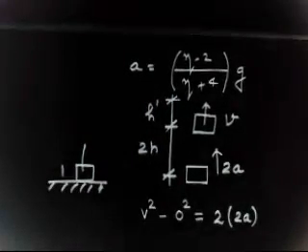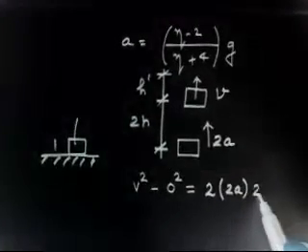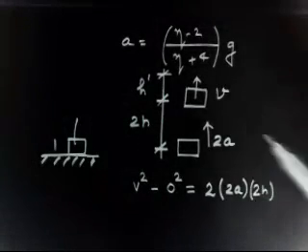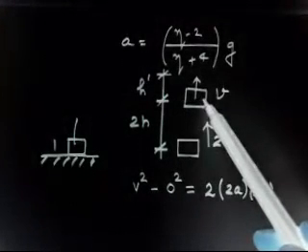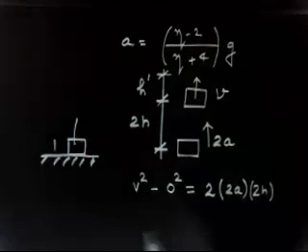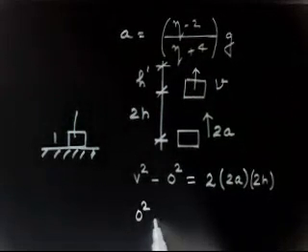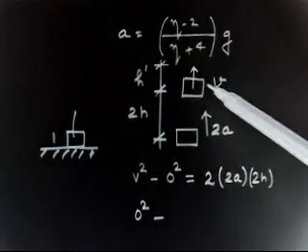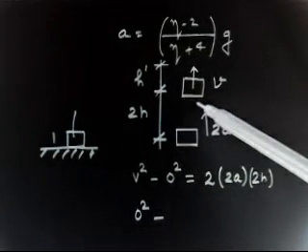Are you getting? So this is equal to 2h. Now after this, it has velocity v and it will go some more height. The final velocity will be 0, so 0 minus v square is equal to 2as.